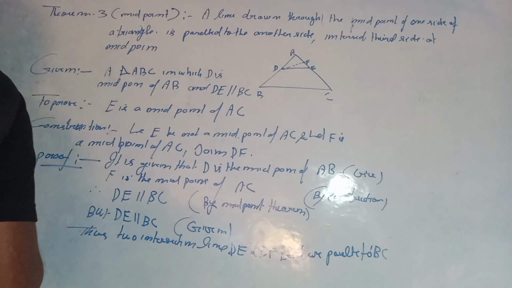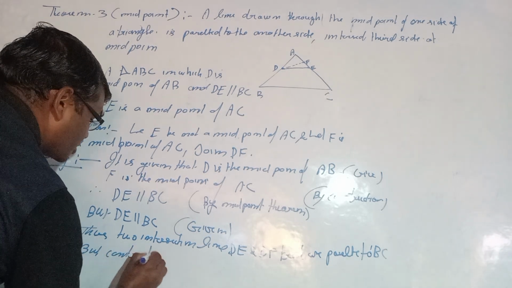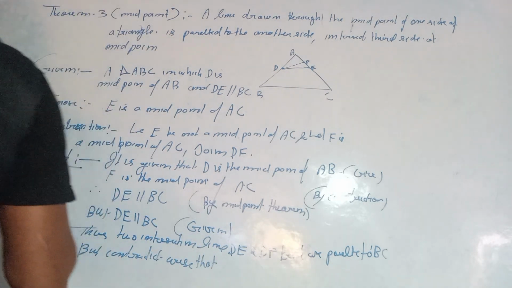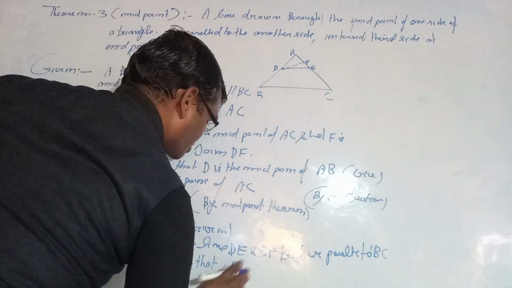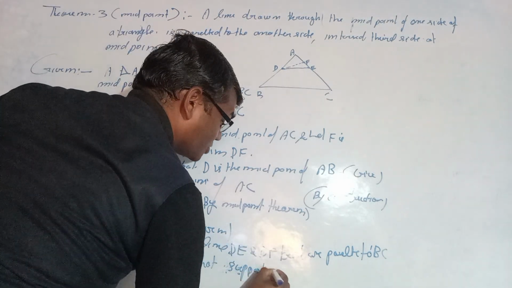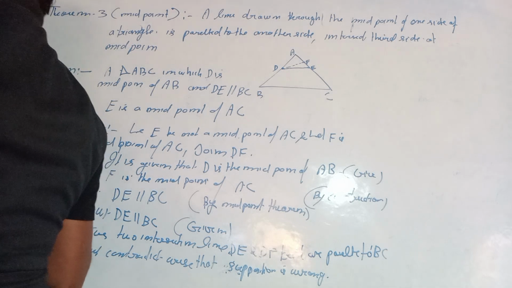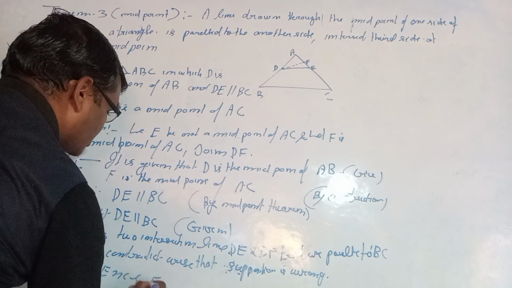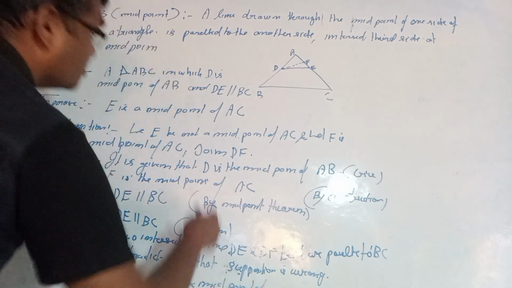But a contradiction arises. So our supposition is wrong. Hence E is the midpoint of AC.